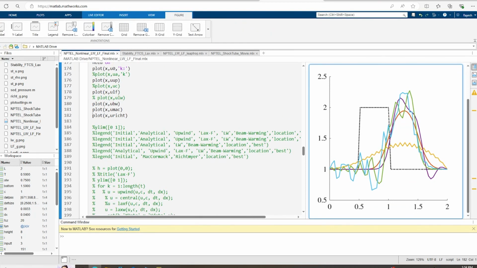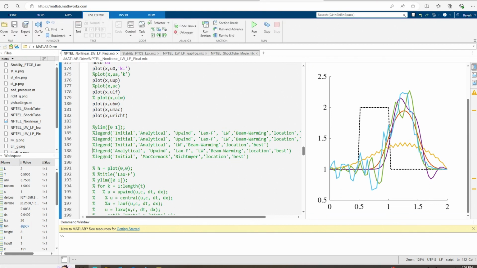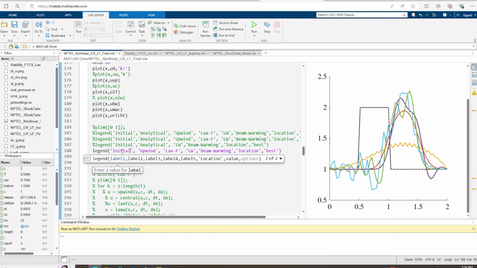Here, this is the initial condition, then upwind, then Lax-Friedrichs, then Beam-Warming, and then McCormack and Richtmyer. All these schemes are implemented.